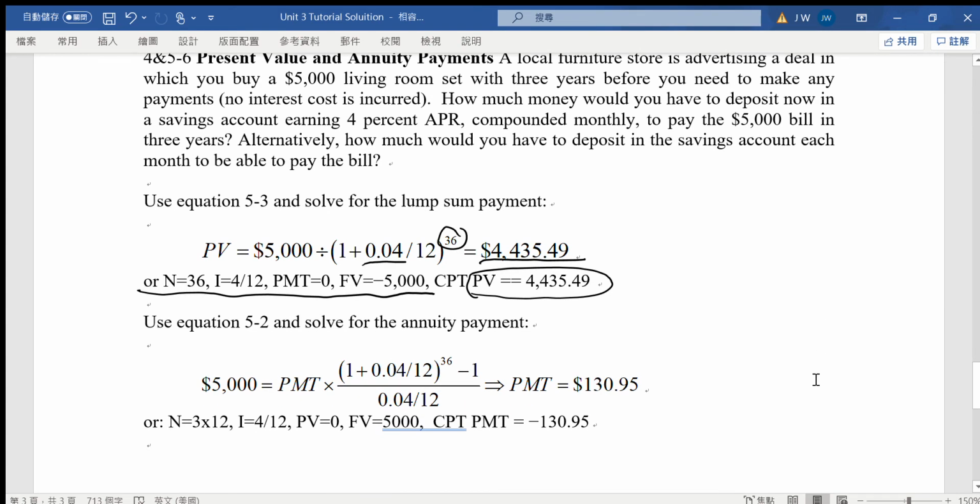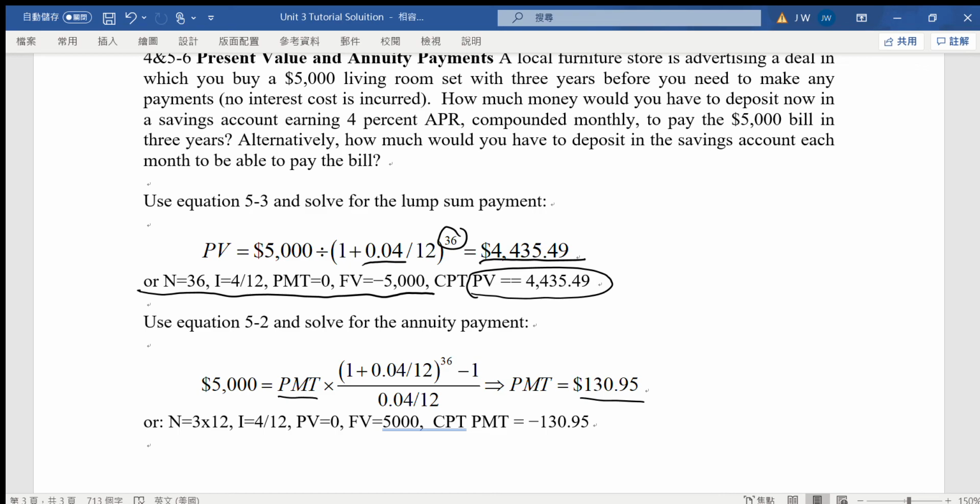You will use the present value of the annuity formula, substitute all the figures, and work out the regular monthly payment. Finally, you need to put $130.95 into your savings account monthly for 36 months, so that 3 years later, in total, you will have 5,000 to pay for the furniture store.